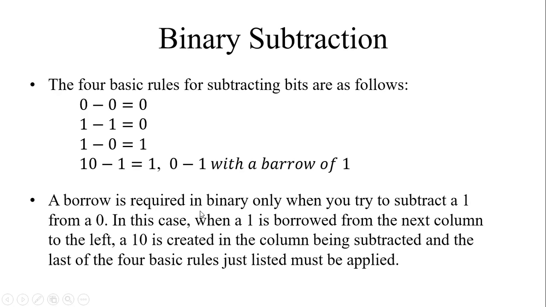A borrow is required in binary only when you try to subtract a 1 from a 0. In this case, when a 1 is borrowed from the next column to the left, a 10 is created in the column being subtracted, and the last of the 4 basic rules just listed must be applied. This is the 4th rule, so this rule must be applied. 10 minus 1 is 1, and this is the situation.